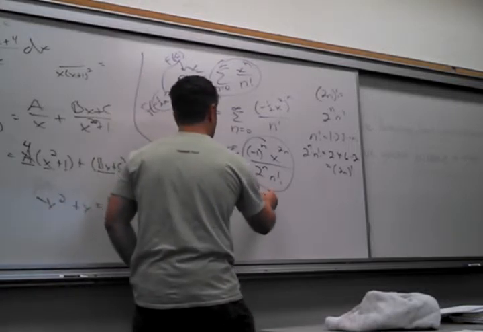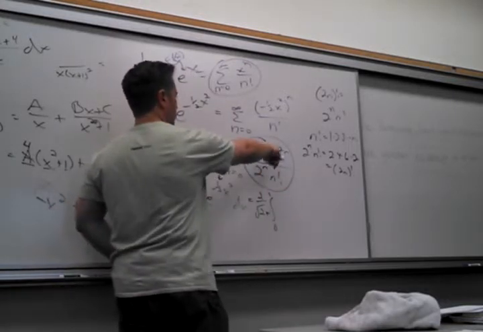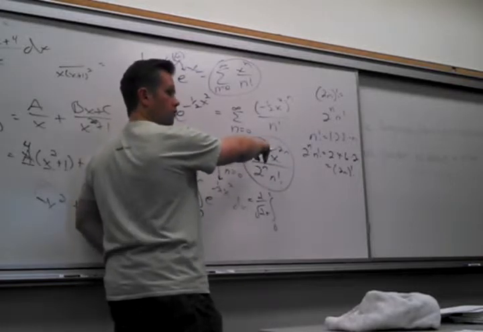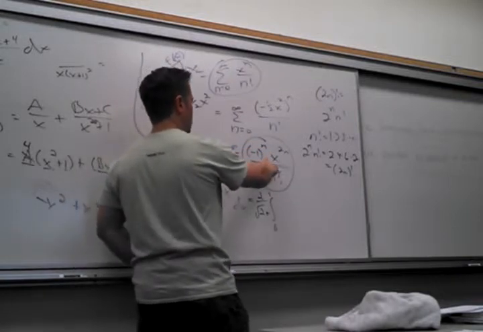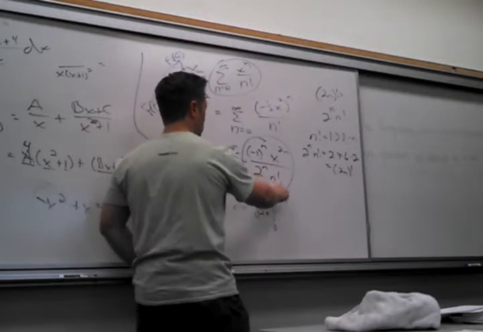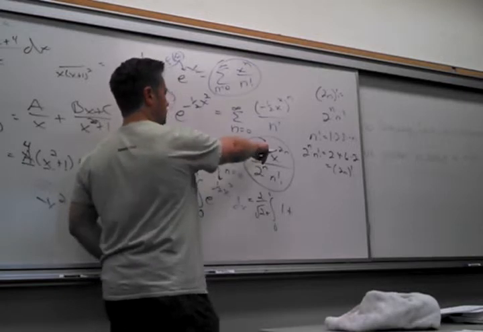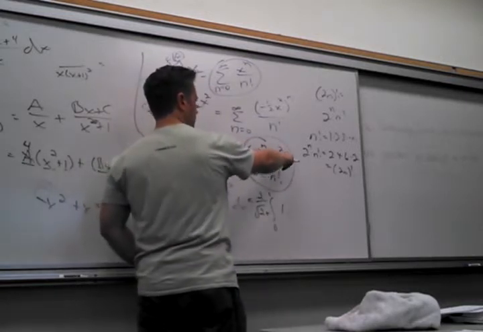What would I put in here? N equals 0, what do I get? Yeah, you get 1, right? You get 1 times 1 divided by 1 times 1. N equals 1. I'll get negative x squared. Good.